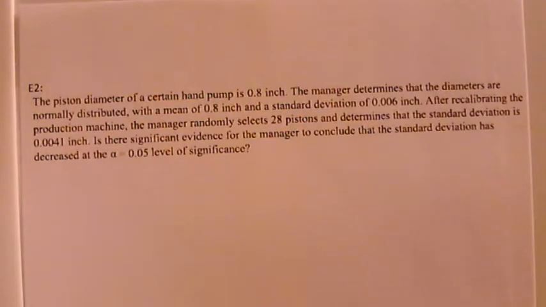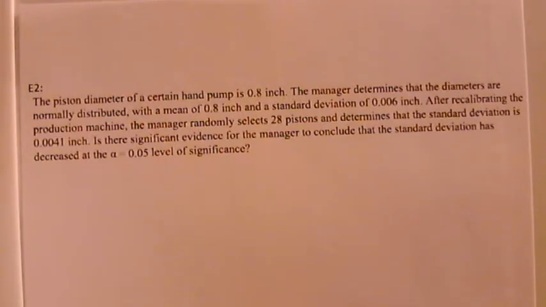After recalibrating the production machine, the manager randomly selects 28 pistons and determines that the standard deviation is 0.0041 inch. Is there sufficient evidence for the manager to conclude that the standard deviation has decreased at the 0.05 significance level, or level of significance, if you want to call it that?